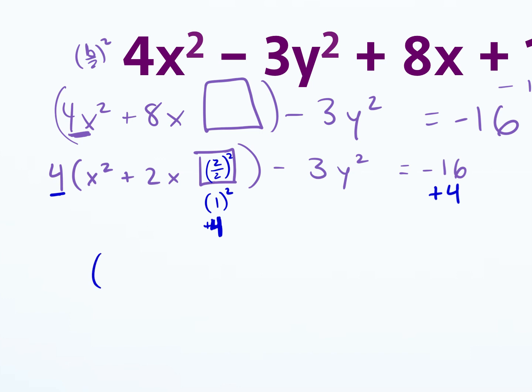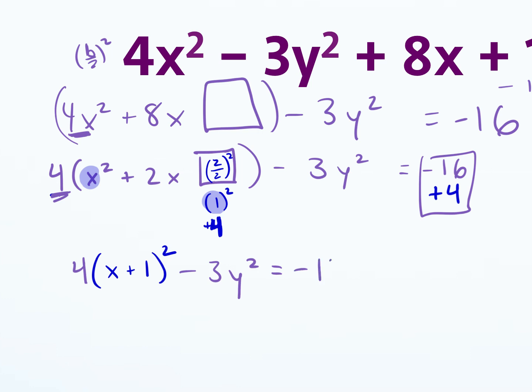So now in my parentheses squared, what's going to go inside? X plus 1. Perfect. And then what goes on the outside? The 4. So I have 4 times (x plus 1) squared minus 3y squared is equal to, I've got to add these two together, so negative 12. Okay, what do I do next?